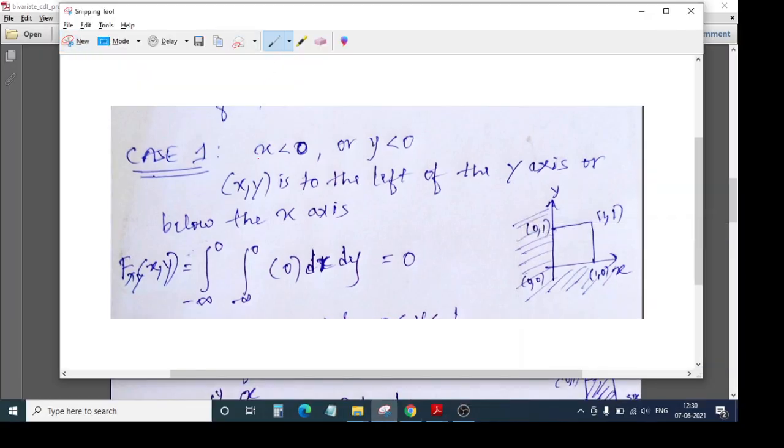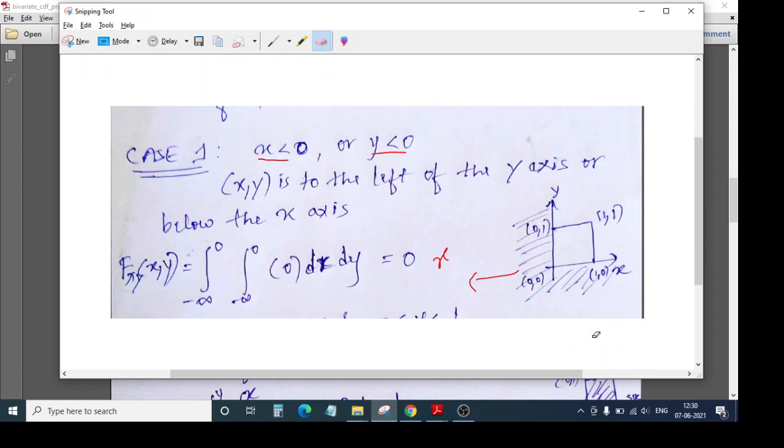So x less than 0 means this range, the region to the left, which is for x. And y less than 0 means the range below, which is for y. So this is the range we will be considering.